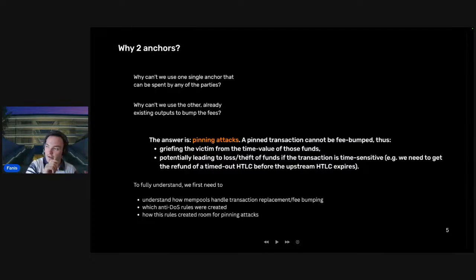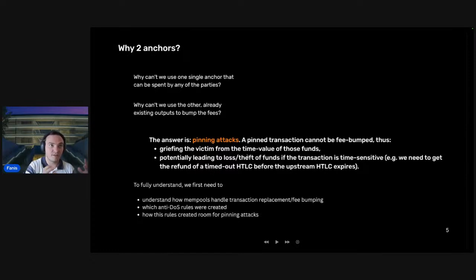If, for example, your channel partner closes the channel, and so you have to time out the HTLC on chain because they didn't give you the pre-image, then you need to claim the funds in the HTLC with the timeout path on chain before the HTLC that is upstream expires as well.